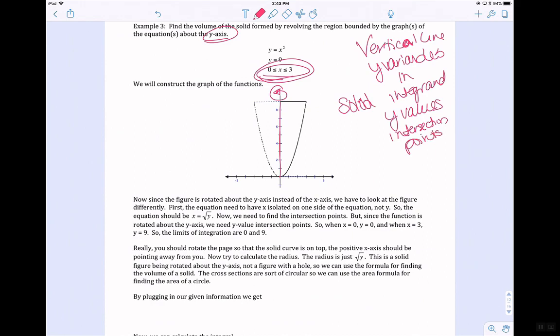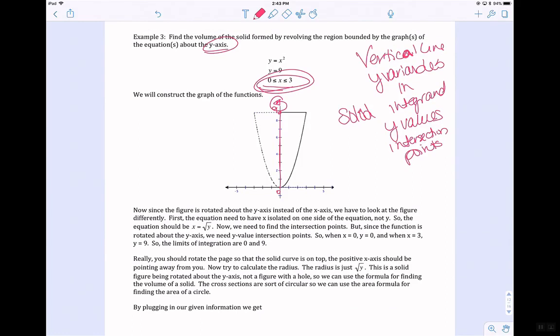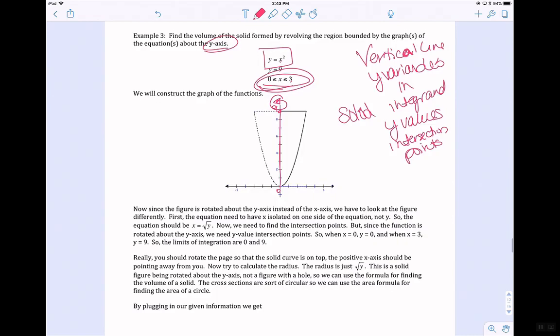Okay, so the y values are actually 9 and 0. The way I find them is this equation is y equals x squared. So when x is equal to 0, y is equal to 0. When x is equal to 3, y is equal to 9.